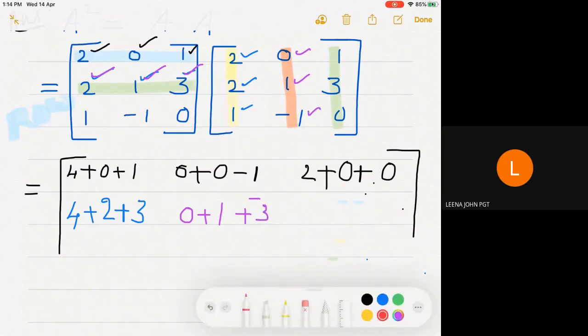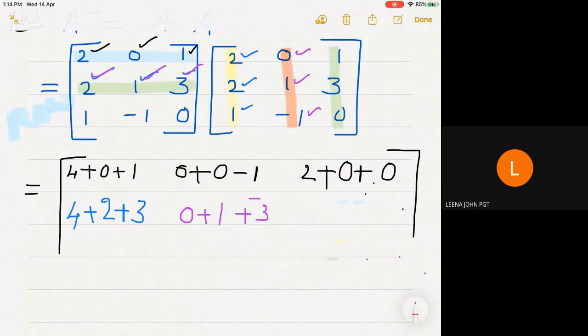Again, you will be multiplying the row with the last column, that is 2 into 1, that is 2, plus 1 into 3, that is 3, plus 3 into 0, that is 0. Okay?